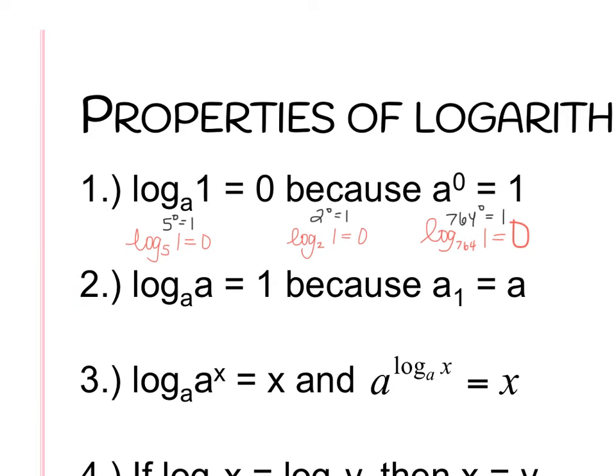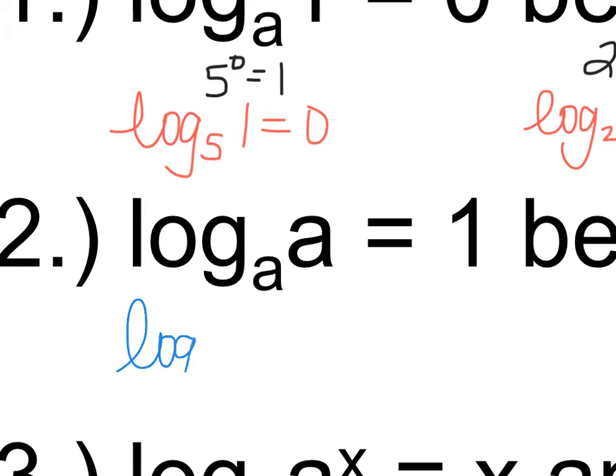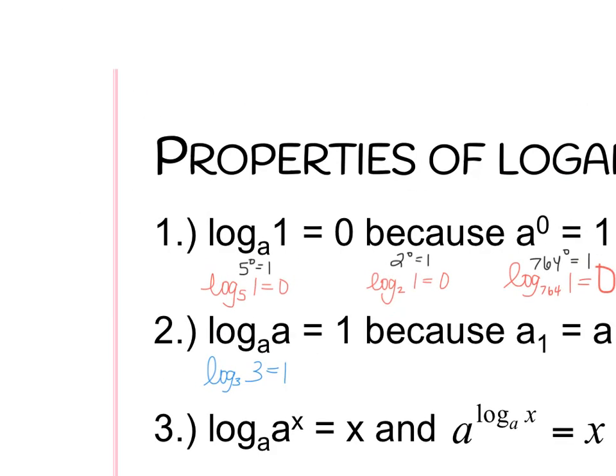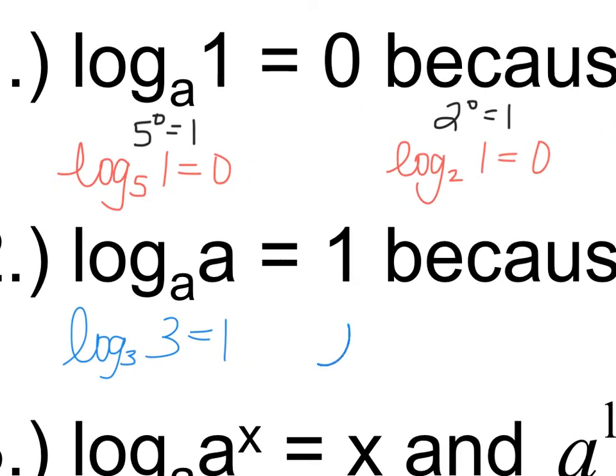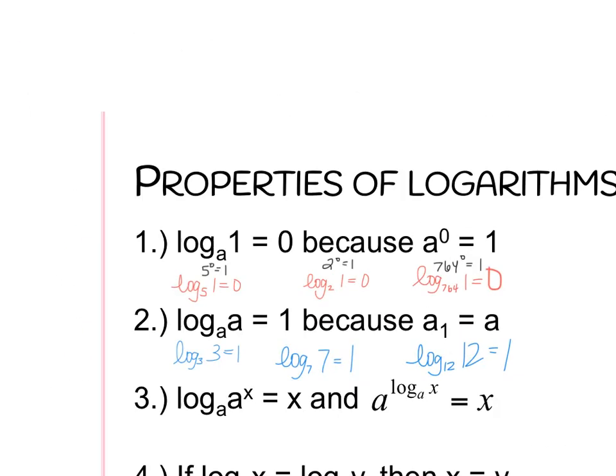So now the second property of logs that you guys need to be familiar with is if I have log base 3 of 3, that equals 1. Okay, well if I have log base 7 of 7, what do you think that equals? 1. If I have log base 12 of 12, what do you think that equals? 1.